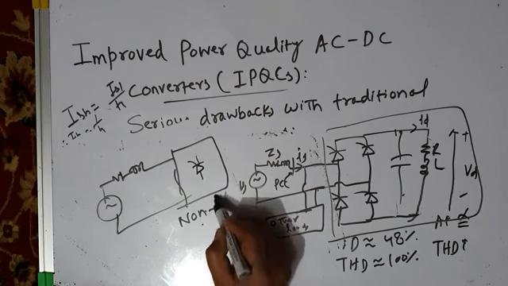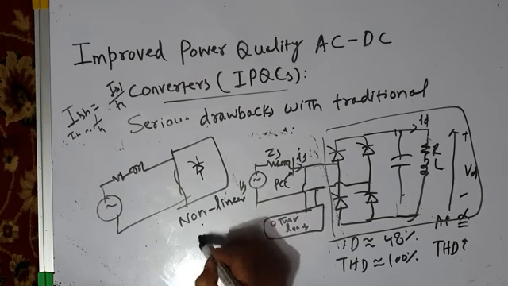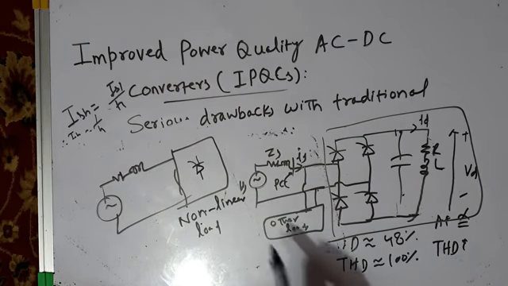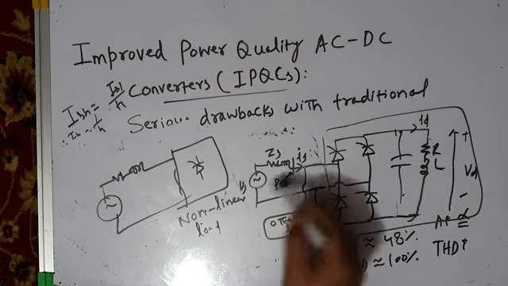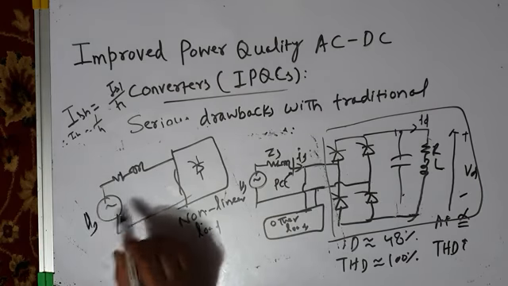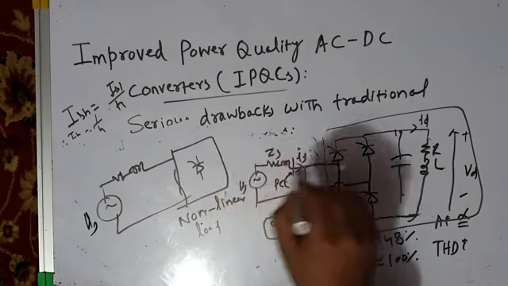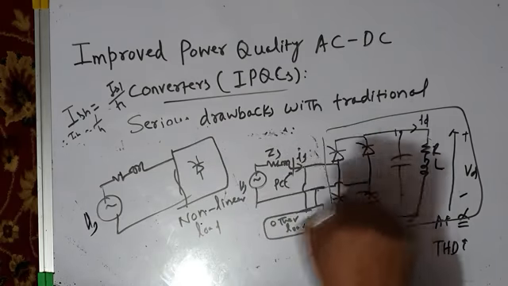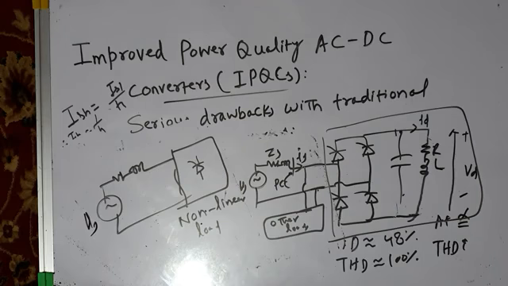It will see it as a non-linear load, because although your source voltage is sinusoidal, the current drawn is not sinusoidal, that is distorted, highly distorted. So therefore, there is a non-linear relationship between source voltage and source current. So therefore, this source sees your phase controlled converter or rectifier based load as non-linear load.